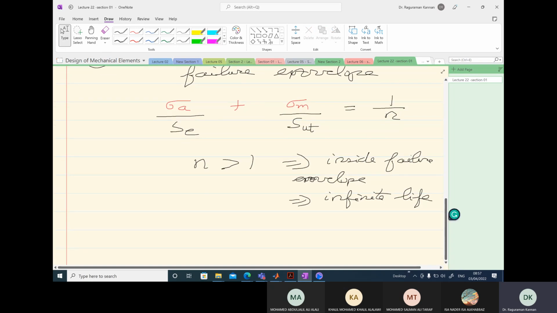The problem is when n is less than 1. If it is very near to 1 or equal to 1, then also it is a problem. So we should consider it as finite life in that case. n should be strictly greater than 1, and it should be significantly greater than 1 as well.